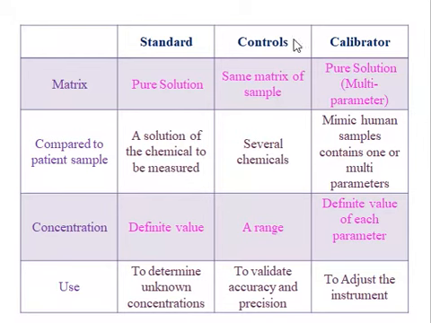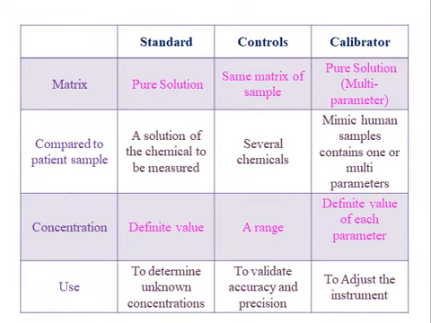Controls are used to validate accuracy and precision and to test whether the working system, working environment and working conditions are good enough and don't produce errors. A calibrator can be used to adjust the instrument.